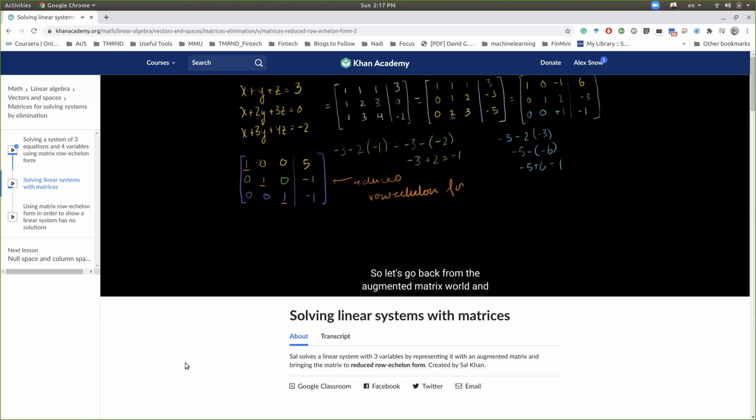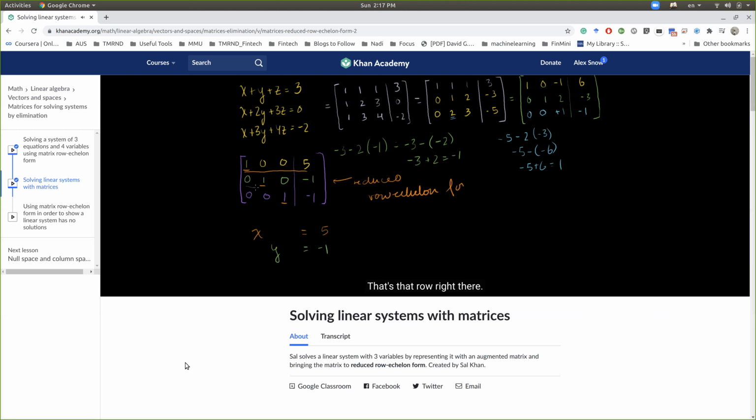So let's go back from the augmented matrix world and put back our variables. So what do we get? We get x plus 0y plus 0z is equal to 5. That's that row right there. We get 0x plus 1y plus 0z is equal to minus 1.